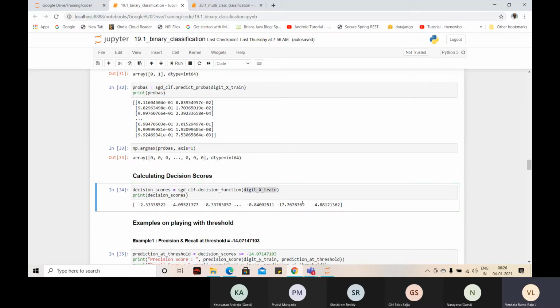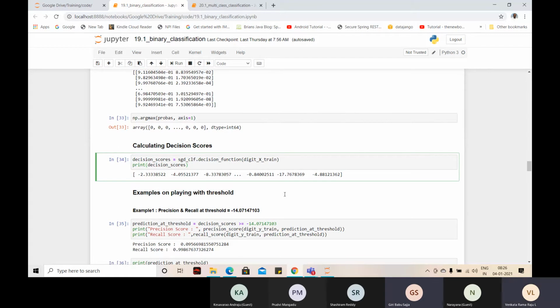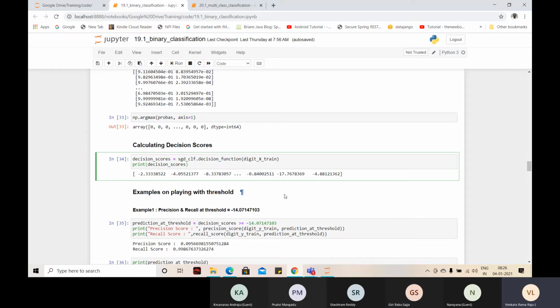Okay, there will be a positive value in the decision scores. So it means that there will be only one positive value then? Yes. Maybe more than one can also be there. There is a relationship between probability and decision score.